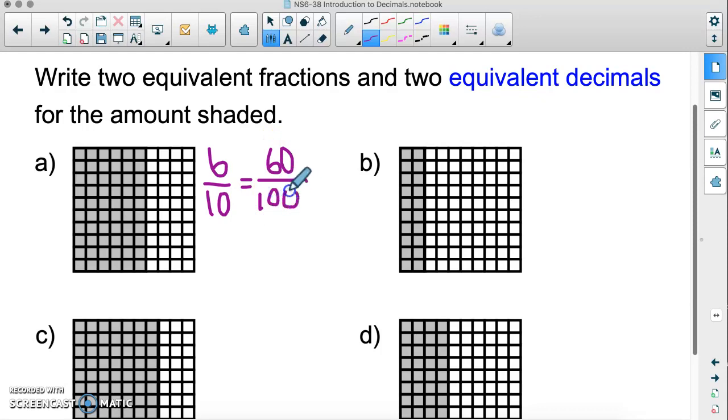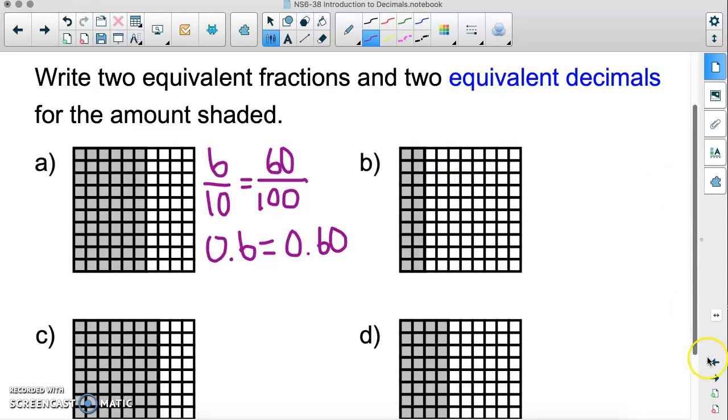There are 60 little cubes here shaded. If I asked you to write this as a decimal, we would see that we have 0.6 for the tenths, which is the same as saying 0.60 hundredths. I want you to do B, C, and D on your whiteboard, and then you're going to resume your screencast.